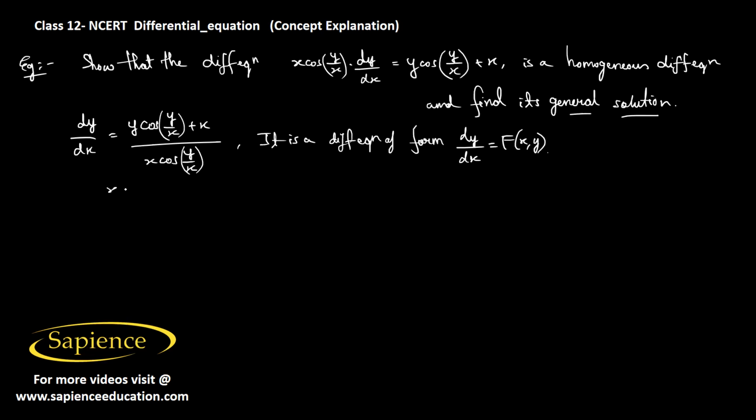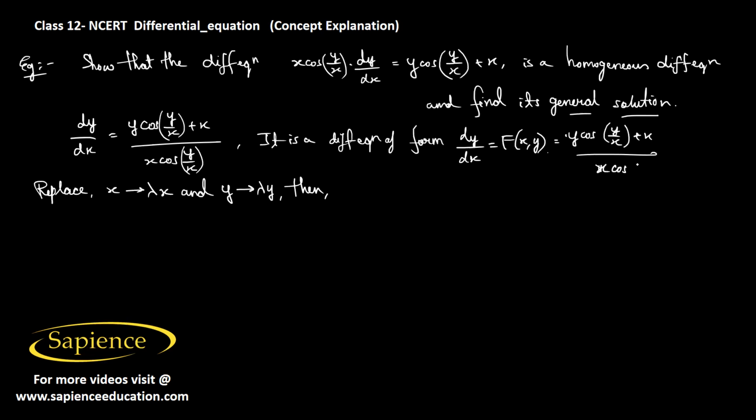So here this function f of x comma y is nothing but y cos y by x plus x divided by x cos y by x.